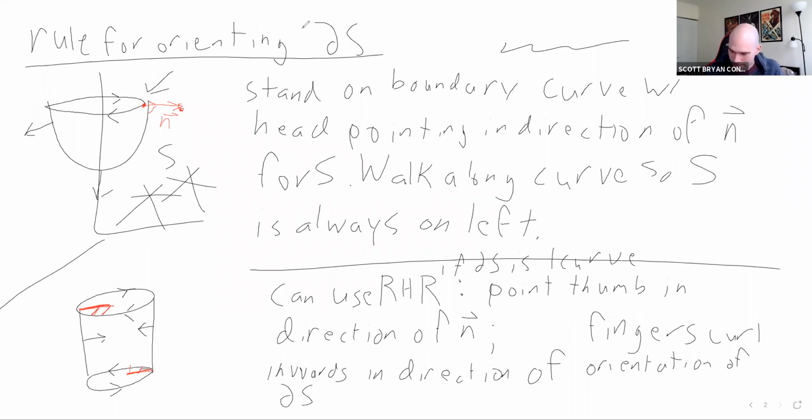Okay. All right. So here is Stokes' theorem.